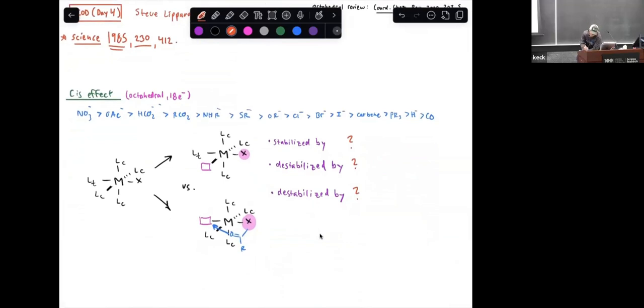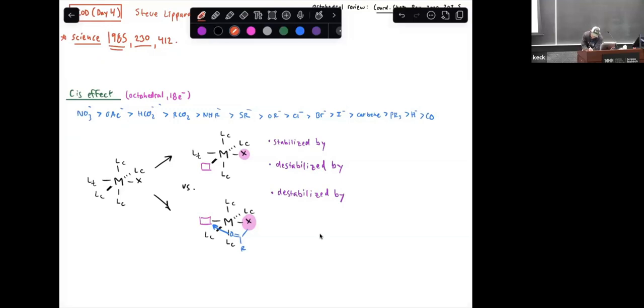Okay, we'll march forward then and can cover another empirical trend. This one is of particular importance now for octahedral metals. And this is the so-called cis effect, where some ligands have the tendency to labilize ligands that are cis with respect to them.